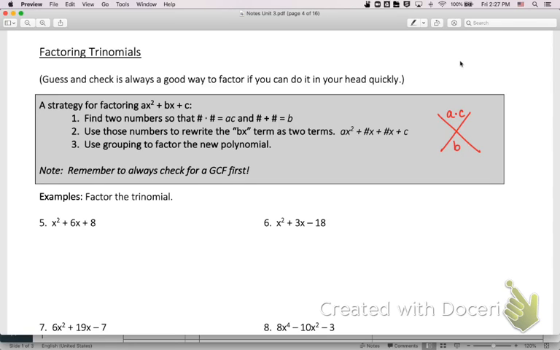What you are looking for is 2 numbers that are going to multiply. We want them to multiply to be equal to the number on the top, and we want them to add to be equal to the number on the bottom.